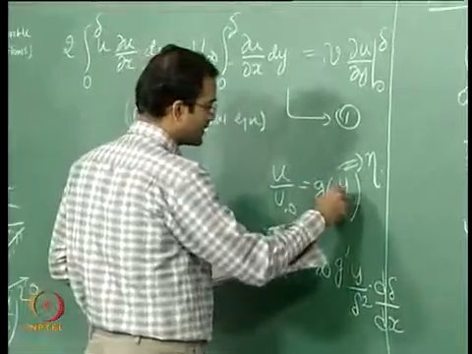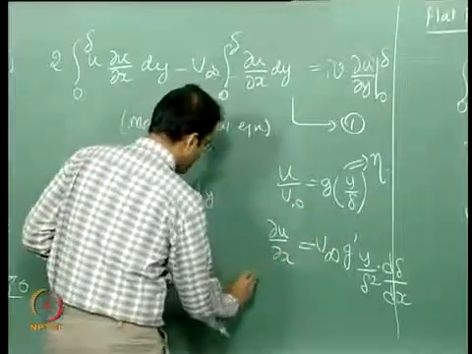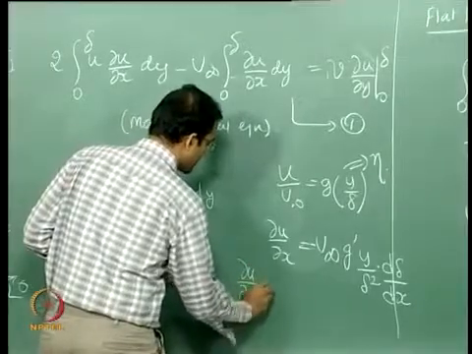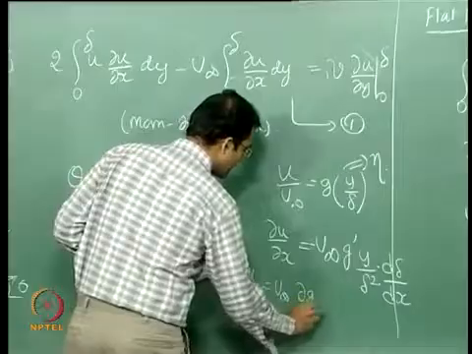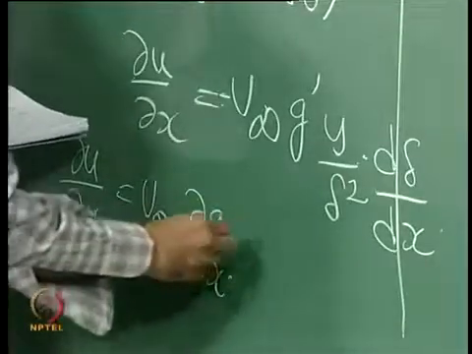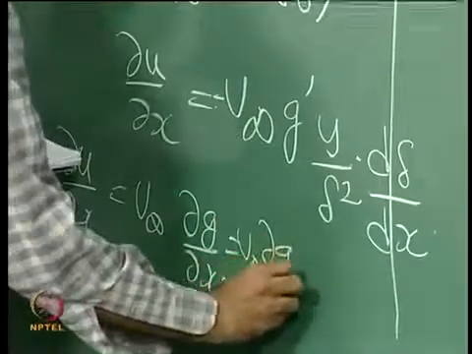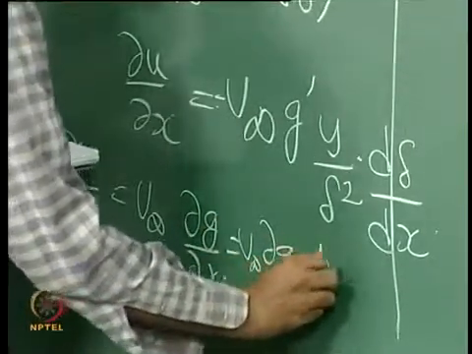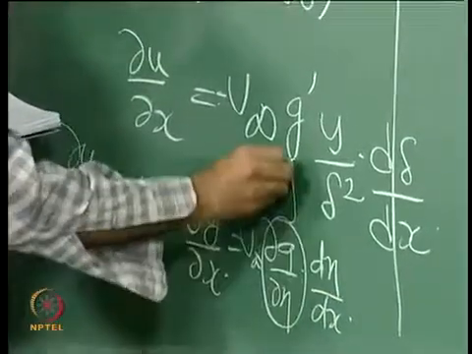You can say that this is some function of eta, right? And so your du by dx is nothing but u infinity times dg by dx. So this is u infinity times dg by d eta into d eta by dx, and now dg by d eta is nothing but your g prime.